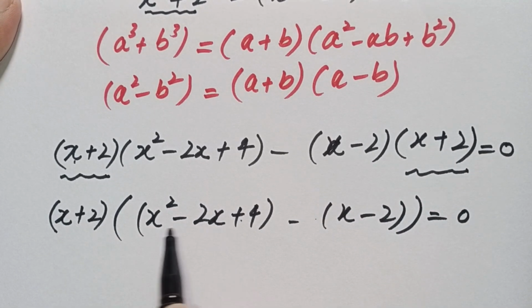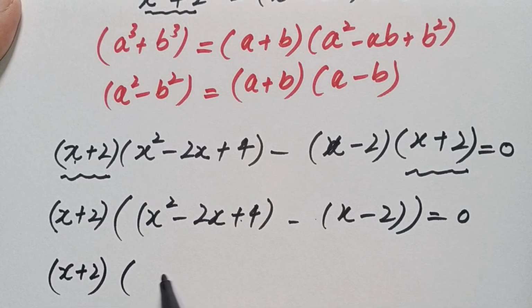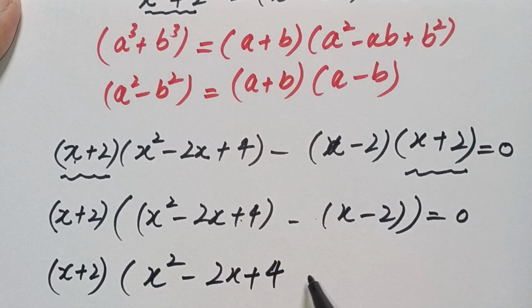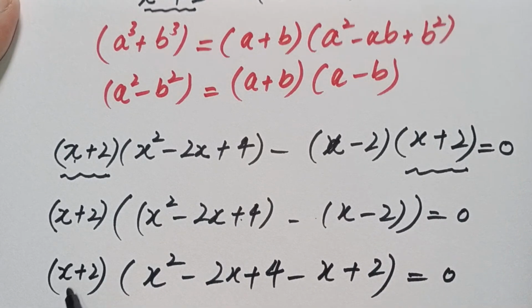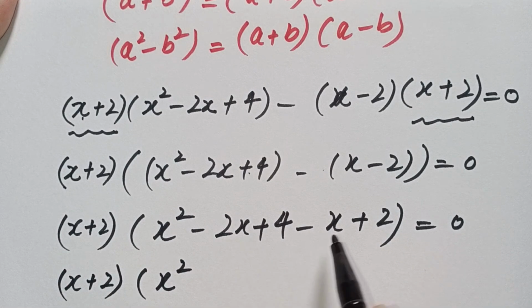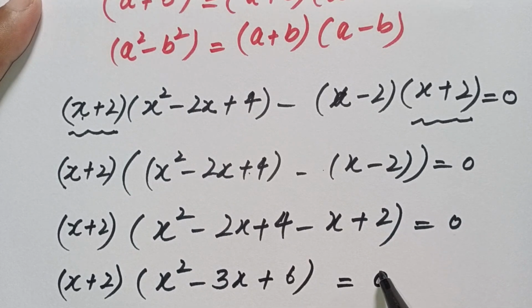Now we want to simplify this part of the equation. x plus 2, and we will write x square minus 2x plus 4 minus x plus 2 is equal to 0. So here we have x plus 2, and here we have x square minus 2x minus x will give minus 3x, and here plus 4 plus 2 is 6 is equal to 0.